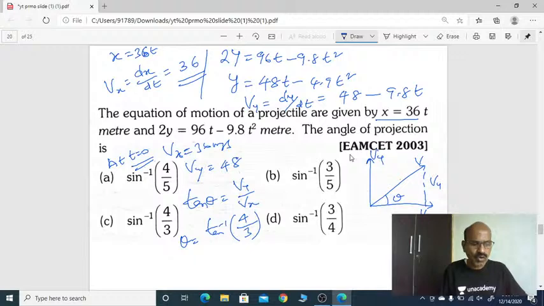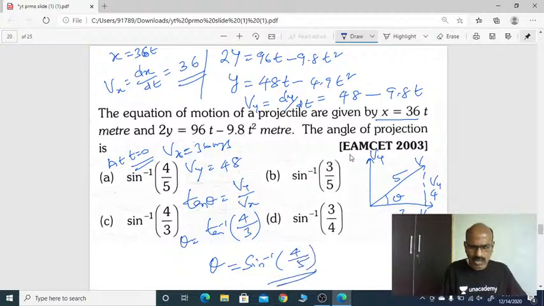So, tan inverse of 4 by 3. Now, tan equal to 4 by 3 means a right angle triangle, apply Pythagoras theorem, this side you will get 5. Then, theta equal to sine inverse of opposite side 4 by 5. So option first one.